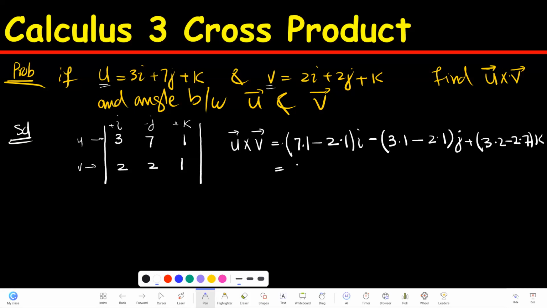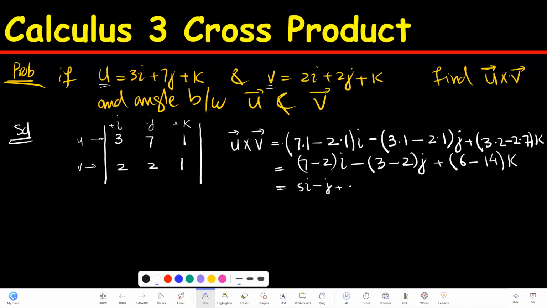Let's solve this. It's 7 minus 2 i, 3 minus 2 j, plus 6 minus 14. If I further elaborate this one, it's going to be 5i minus j, right? 2 minus 1 is 1, minus 1j, plus, with a minus sign inside, so maybe I'm going to write minus 8k, right?